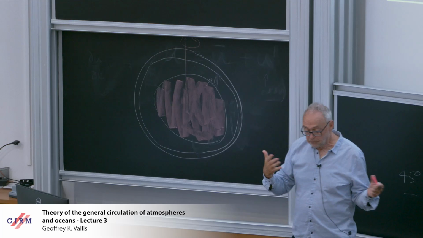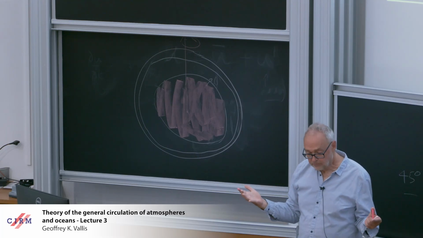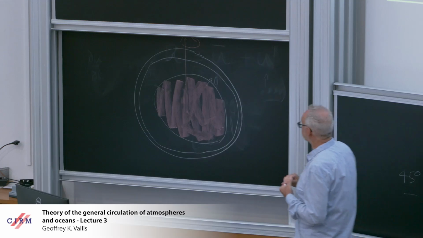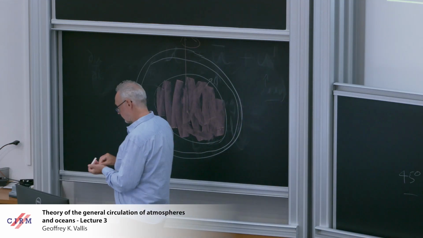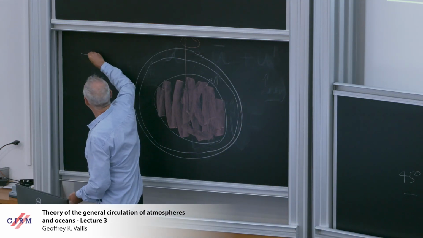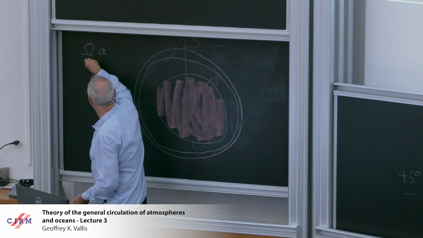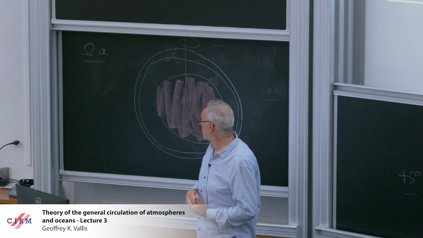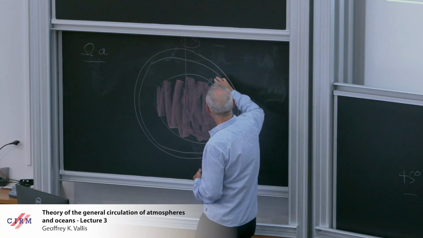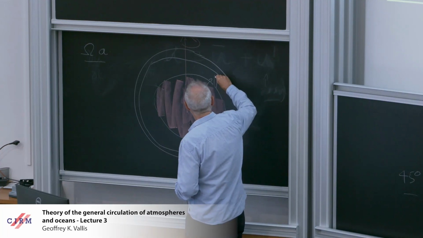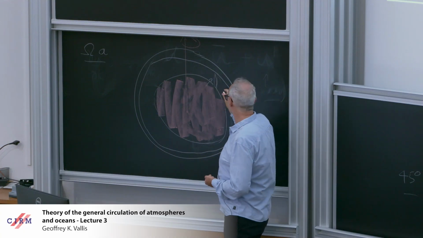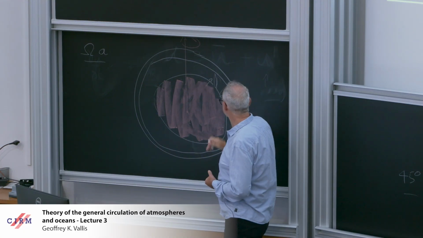So the key thing when you're looking at the effects of rotation is actually the rotation rate times the radius of the planet. So it really is rotating quickly. What that does is it constrains the convection here to lie along the axis of rotation and not to be like this.